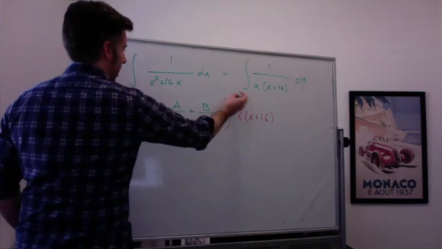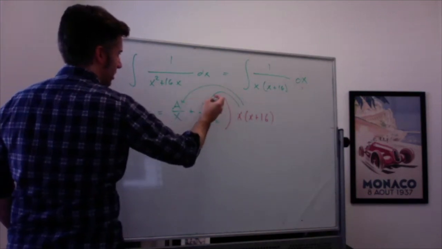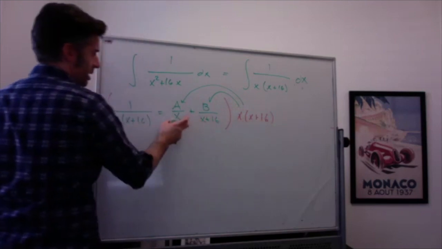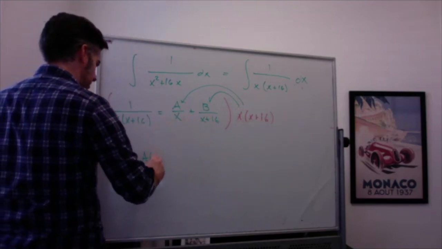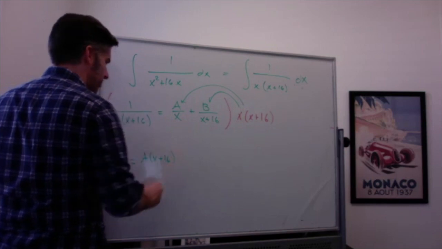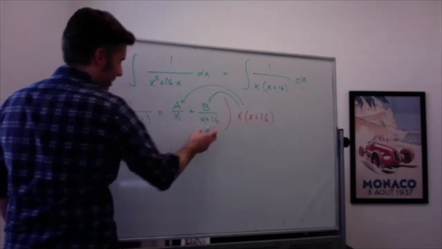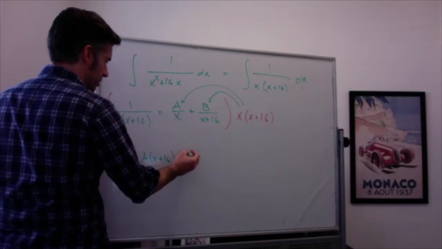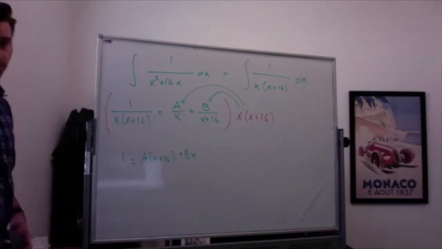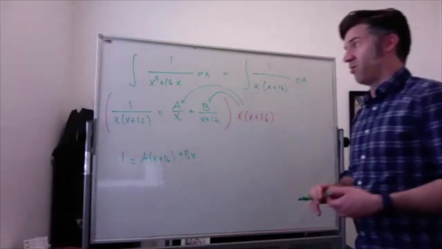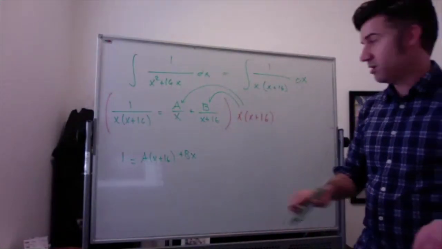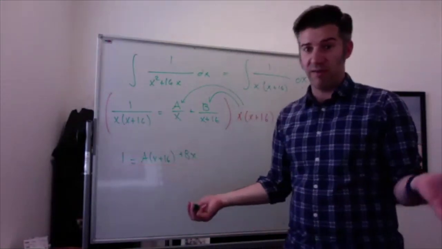On the right-hand side, when we distribute this, this times this cancels the x. So you get a times x plus 16. This times this cancels the x plus 16, and you get b times x. And now, here's the thing. These things are supposed to be equal no matter what the value of x is. This side equals this side for any value of x.